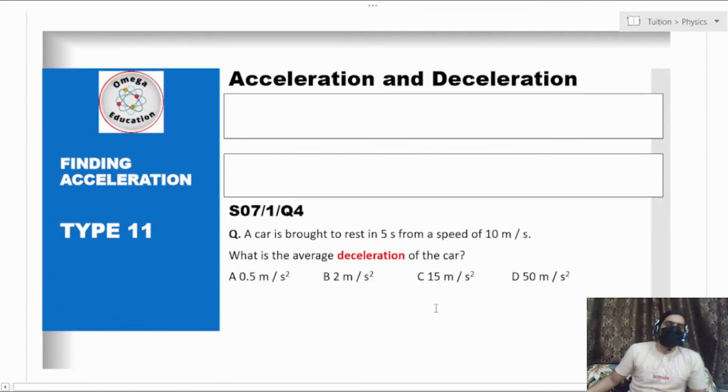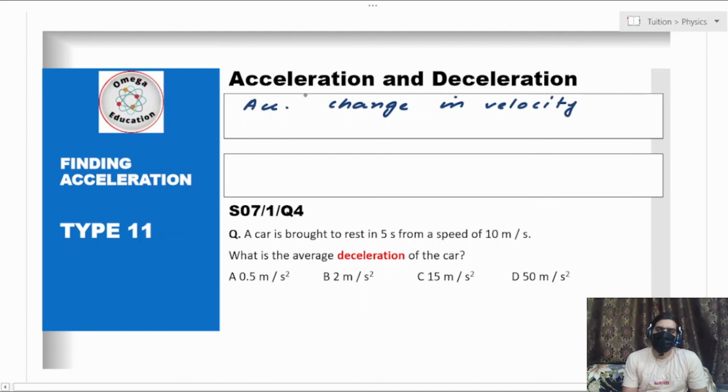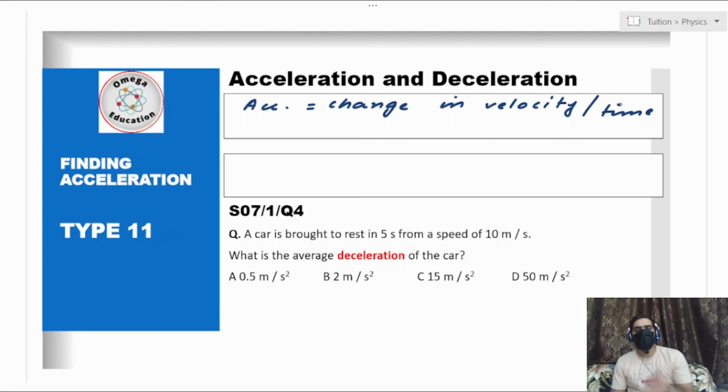Now the last one, acceleration and deceleration. So acceleration is generally seen as change in velocity with respect to or per unit time. Change in velocity over time. Now the change can be positive or negative. Your velocity might be increasing or it may actually be decreased as well.